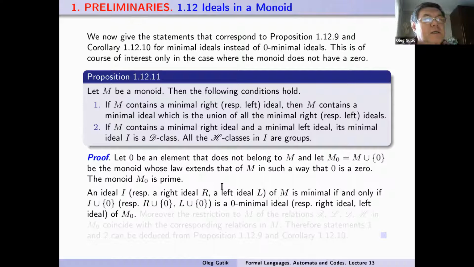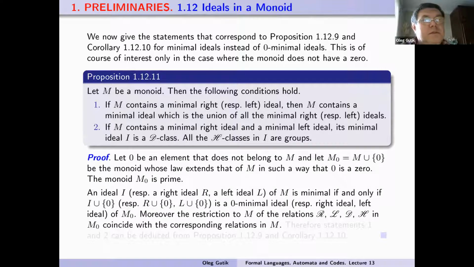An ideal I, respectively a right ideal R or a left ideal L of the monoid M, is minimal if and only if the union of I with 0, respectively the union of R with 0 and the union of L with 0, is a 0-minimal ideal, respectively right ideal, left ideal, of the monoid M0.